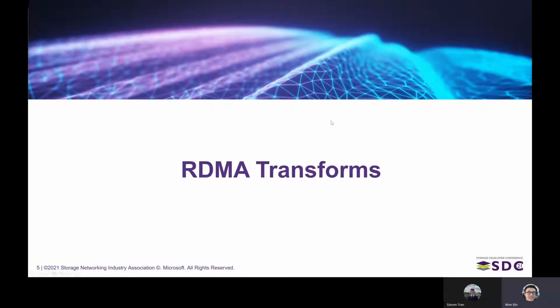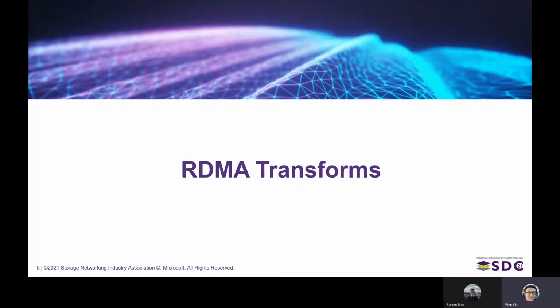Next we can move on to some RDMA transform features that we added. This is also a recap from some previous years' SDC talks that we shared, like RDMA encryption and signing.